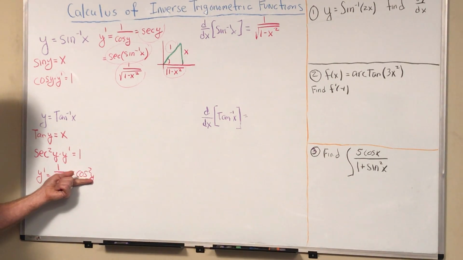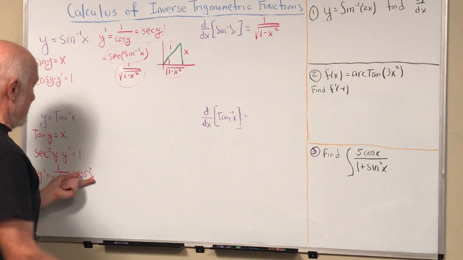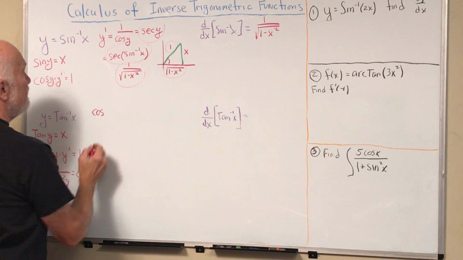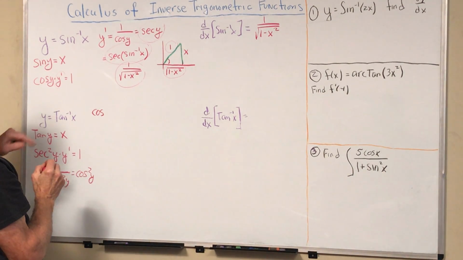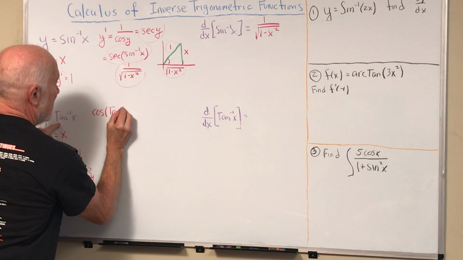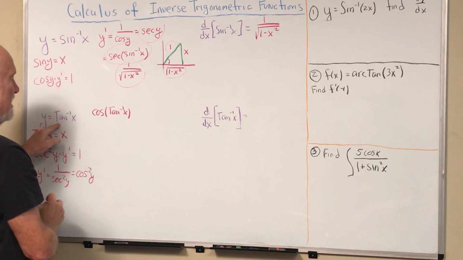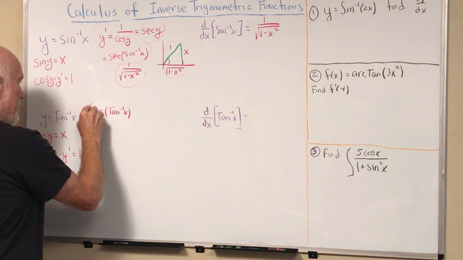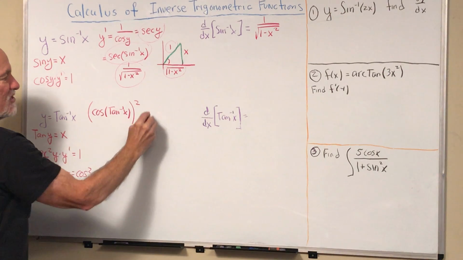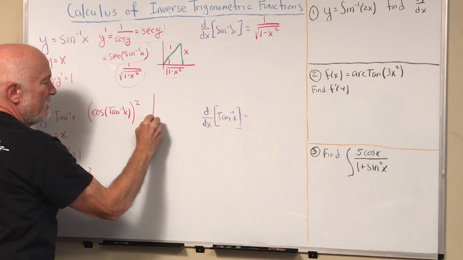So there again is an answer, but it's got a y in it. So we're going to make it the cosine of y, which is the angle whose tangent is x, and then we're going to square that. And I'm going to use a similar thing that I did up here.